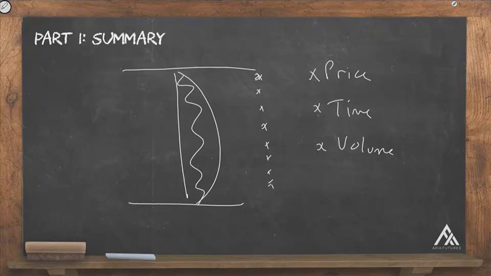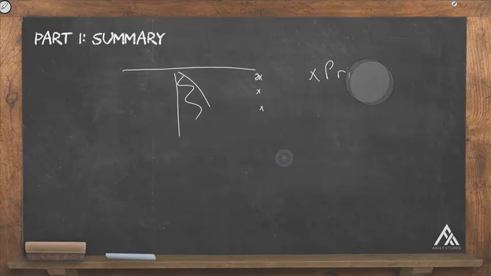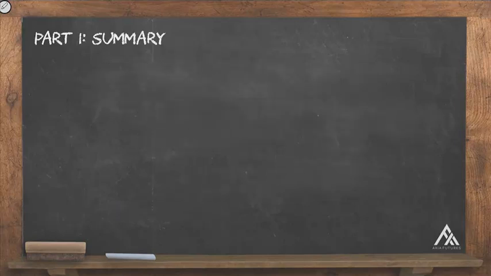Now, if we were to take a basic candlestick chart and convert it into some form of a distribution, let's say we had a traditional day where we saw candles going up, up, up, and up. The distribution will show that.